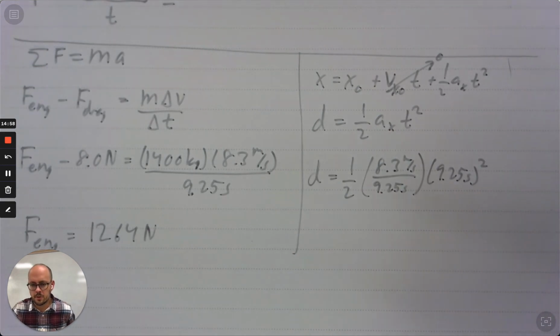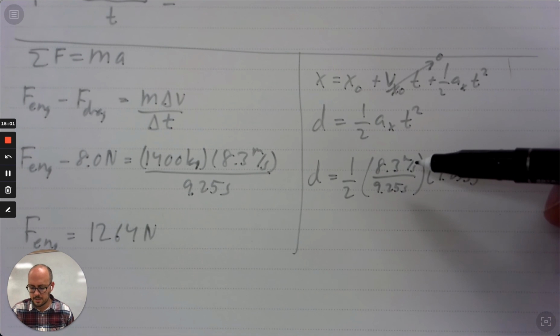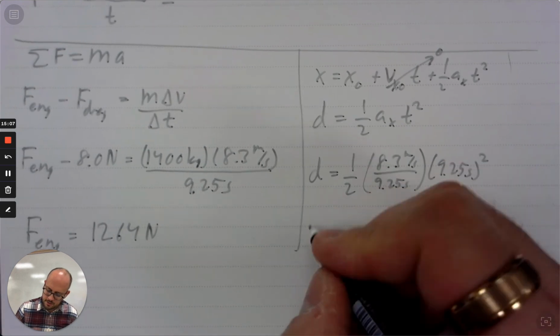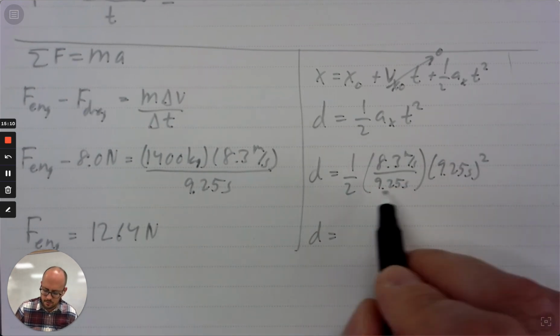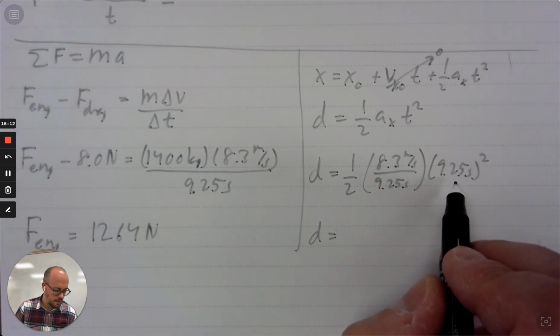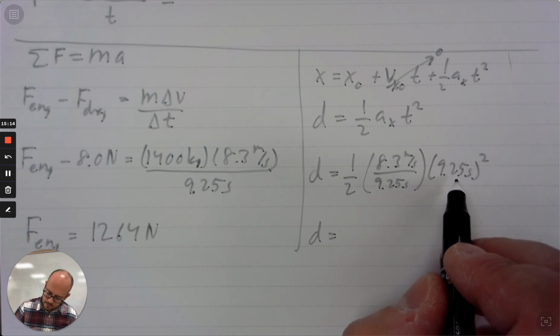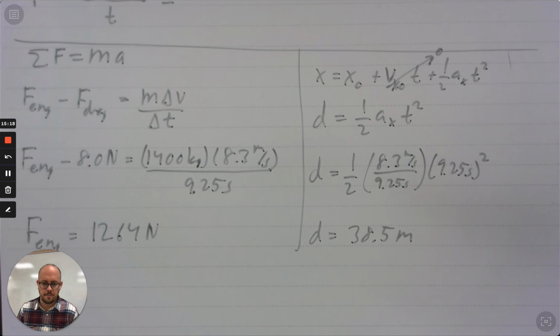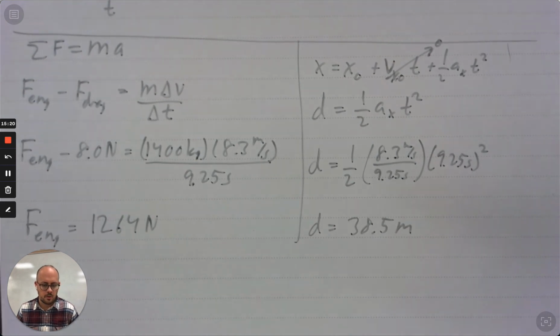If you look at this, it essentially amounted to half the speed times the time. So this is 1/2 times the acceleration times the time, and I have a distance of 38.5 meters. Cool. I now have all the numbers I need for plugging in to this equation.